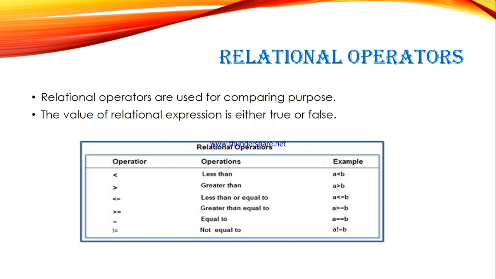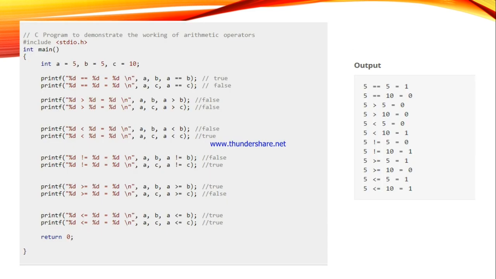Let's see a basic program that has #include <conio.h>, int main, and int a equal to 5, b equal to 5, c equal to 10. Here we say %d equal to %d. We have to note that single equal to is to assign a value and double equal to is to compare the two values.